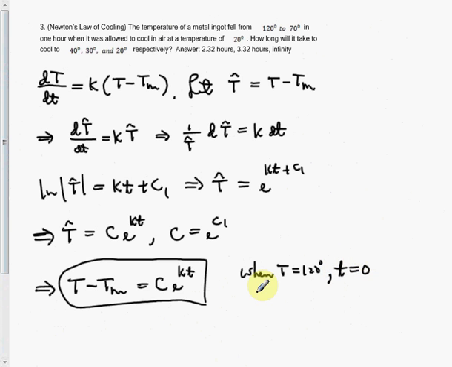And then in 1 hour, when T was equal to 70 degrees, the time is 1 hour. It was allowed to cool in air at a temperature, T sub m, of 20 degrees.